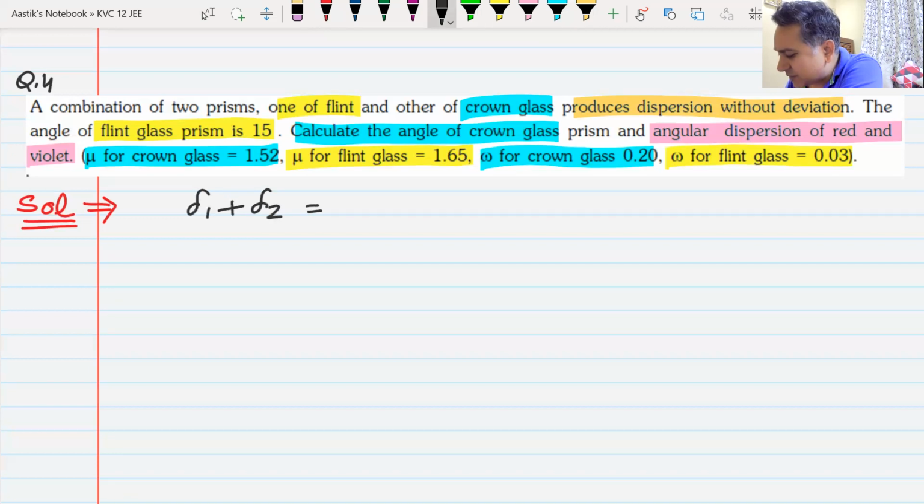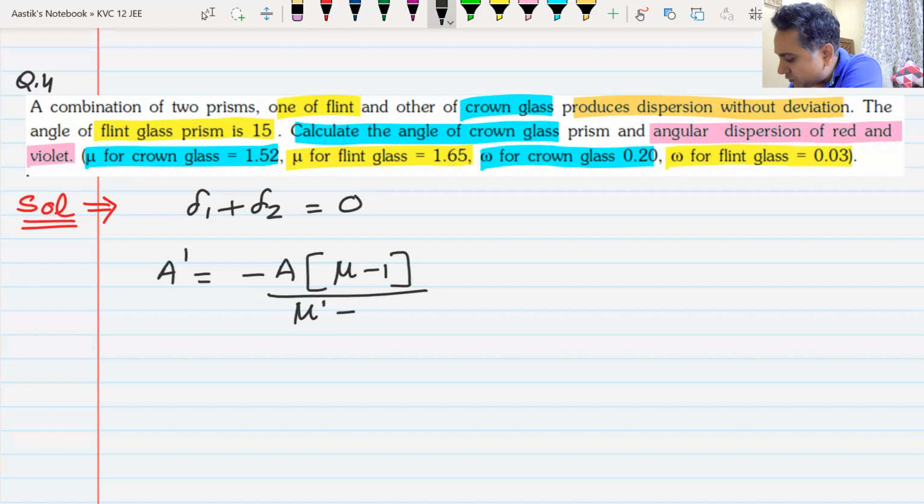I don't have to write this step because I straight away know that I can calculate A dash as minus A into (mean mu minus 1 of the first) divided by (mean mu dash minus 1 for the second). I can just put the values: minus 15 into mu for the flint glass, which is 1.65, minus 1.